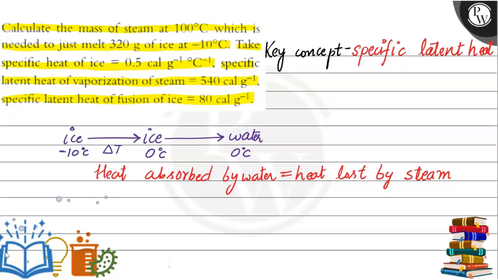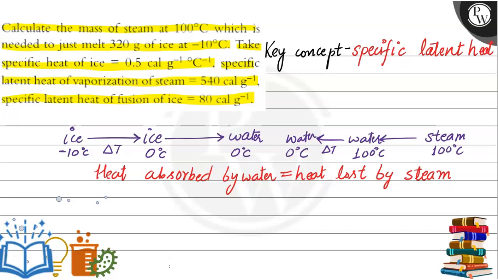So steam at 100 degree Celsius पहले पानी बनेगा at 100 degree Celsius and then temperature में change आएगा water at 0 degree Celsius.